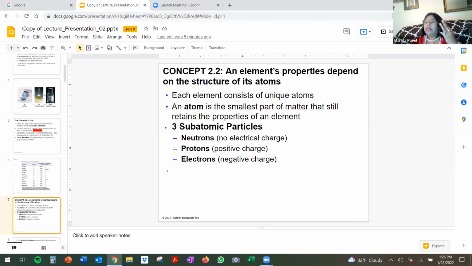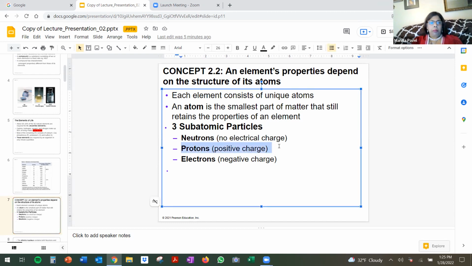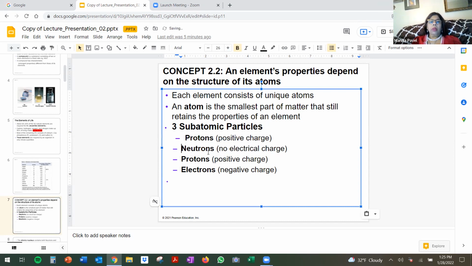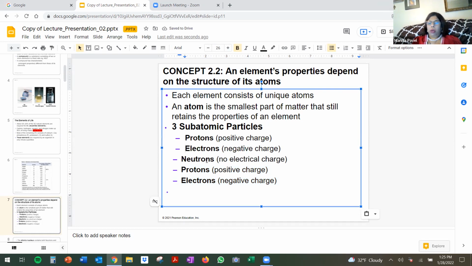So the 3 subatomic particles that are present within the whole atom are a neutron. So I like to call it, I'm just going to rearrange it for you here. A proton. I'll tell you why I am calling it proton, electron, and a neutron.